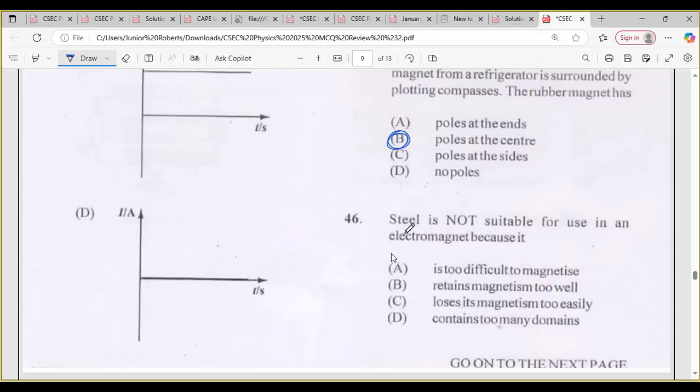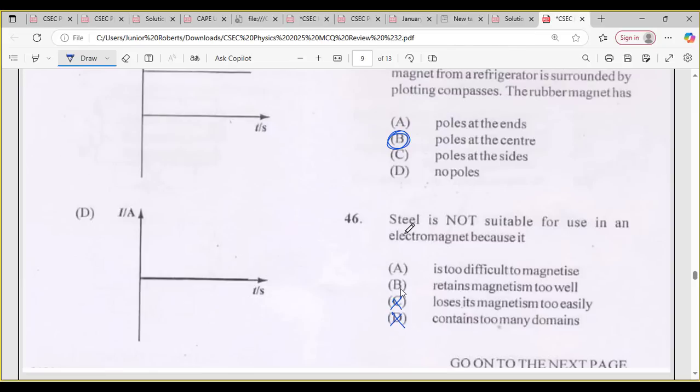We have options saying it is too difficult to magnetize, it retains magnetism too well, it loses magnetism too easily. This is not so. It contains too many domains. This is unreasonable, so we're going to cross that out.